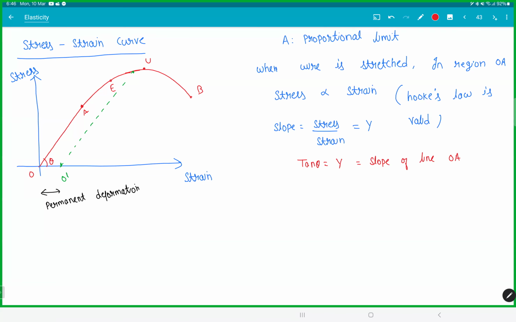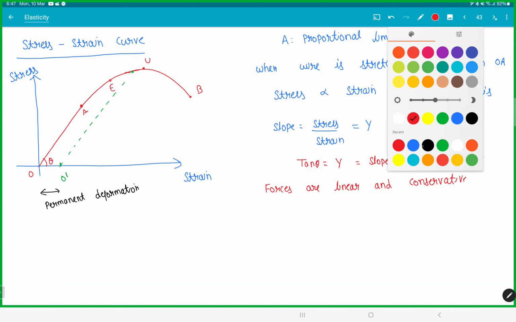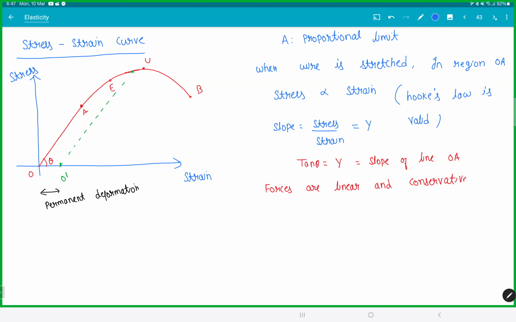So once you cross, if you put more and more weight, now in this region, forces are linear and conservative. So whatever tension you get are linear and conservative. If you push it further, if you put more weight, then you enter a region E. E is called the elastic limit.